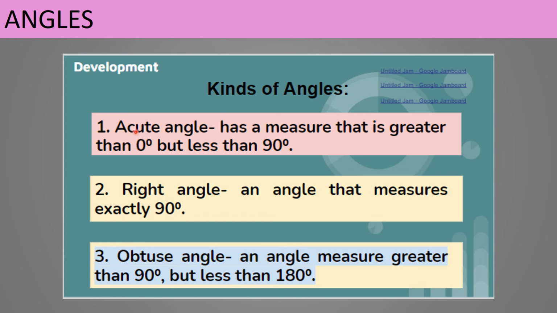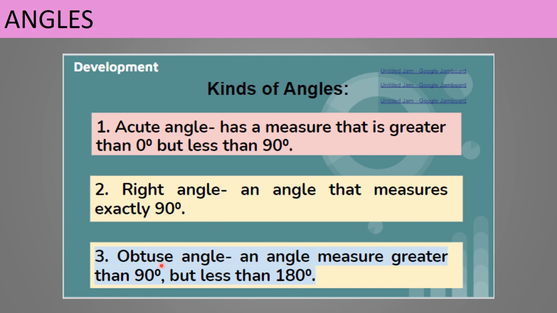Now, we have different kinds of angles according to their measurement. The first one is the acute angle. An acute angle has a measure that is greater than 0 degrees but less than 90 degrees. For example, if the angle measures 56 degrees, it is an acute angle. Now, if the angle measures exactly 90 degrees, it is a right angle.